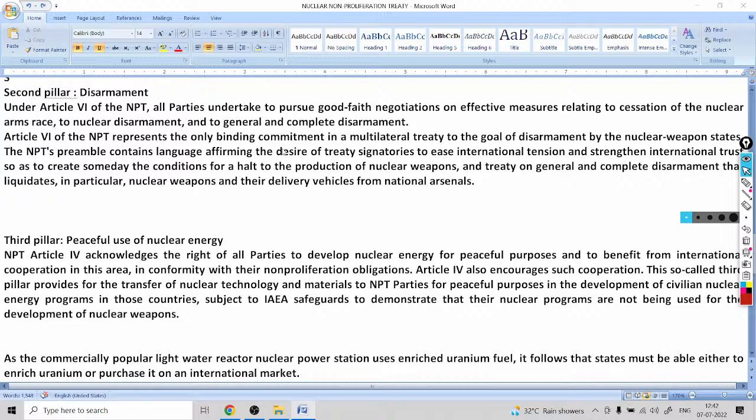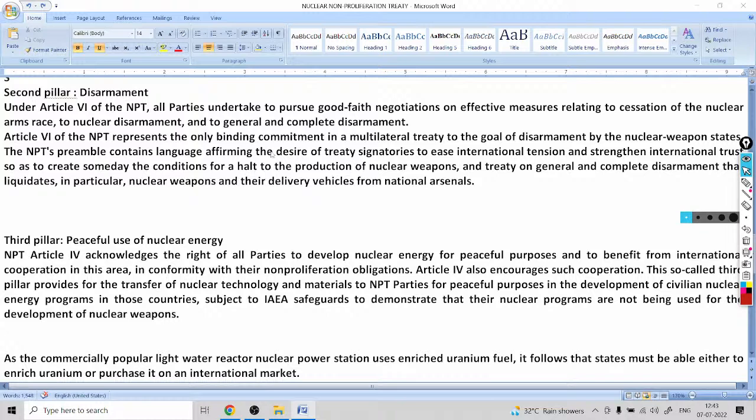The NPT preamble contains language affirming the desire of treaty signatories to ease international tension and strengthen international trust so as to create someday the conditions for a halt to the production of nuclear weapons and a treaty on general and complete disarmament that liquidates in particular nuclear weapons and their delivery vehicles from national arsenals.